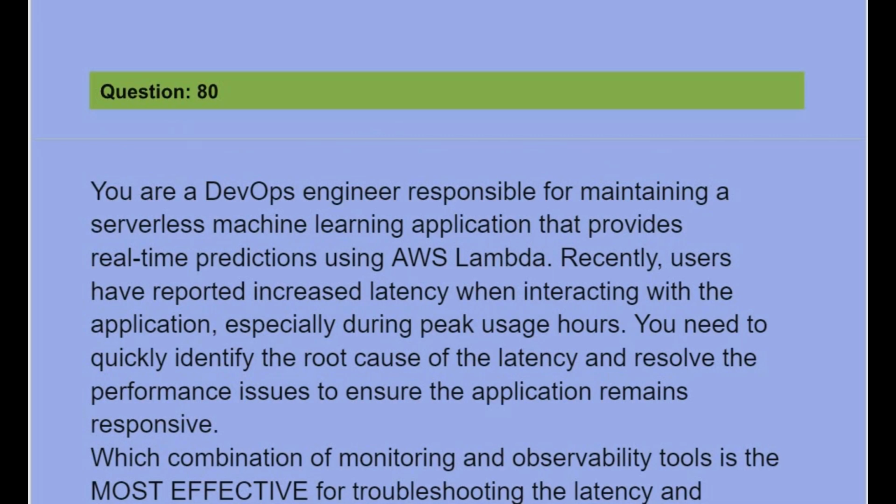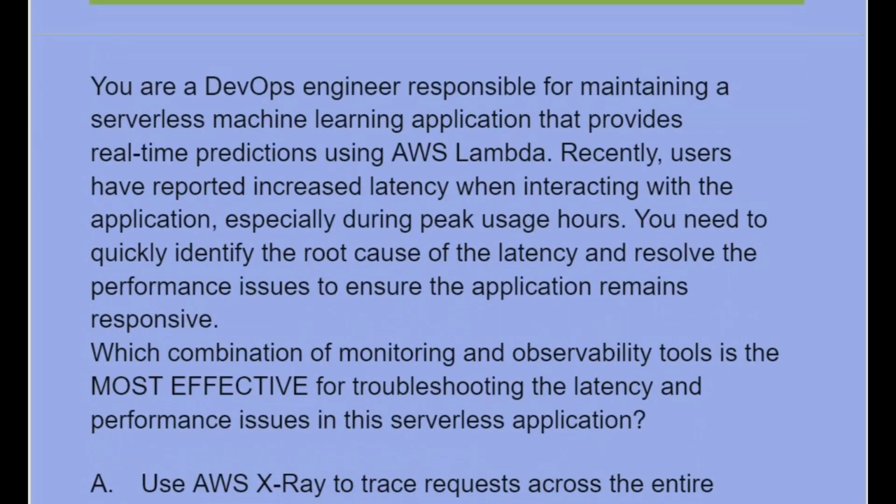You need to quickly identify the root cause of the latency and resolve the performance issues to ensure the application remains responsive. Which combination of monitoring and observability tools is the most effective for troubleshooting the latency and performance issues in this serverless application?